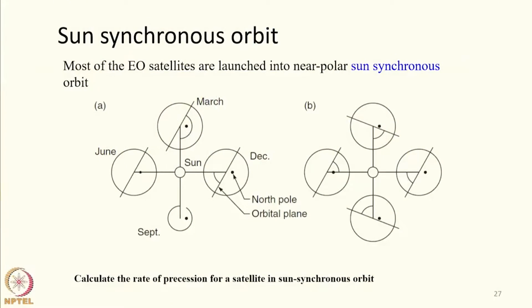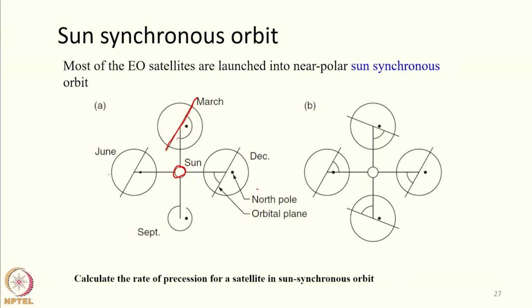Similarly, for remote sensing applications, we also have orbits which are classified as sun synchronous orbits. What exactly sun synchronous orbits are, and why they are needed, we will see. Let us say there is some orbit, this is the orbital plane, we are seeing from the top. This is Earth, this is the sun during different time periods in a year.